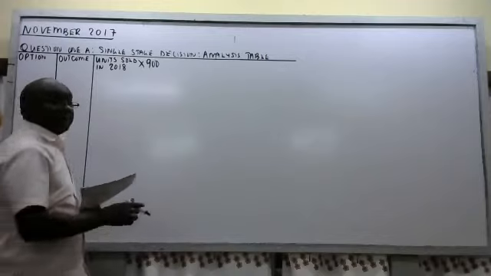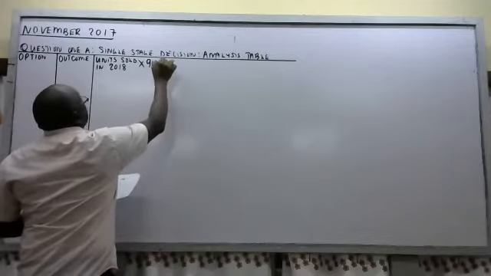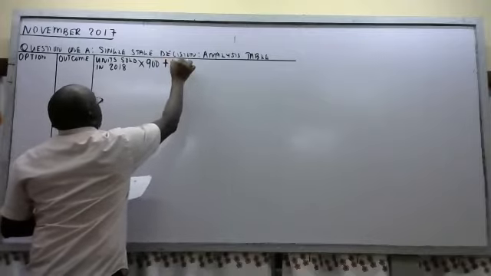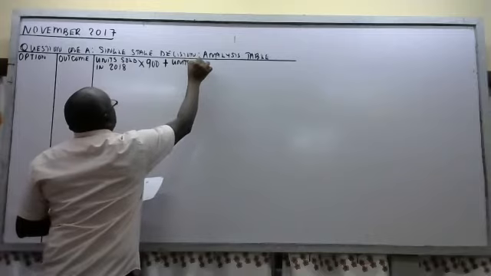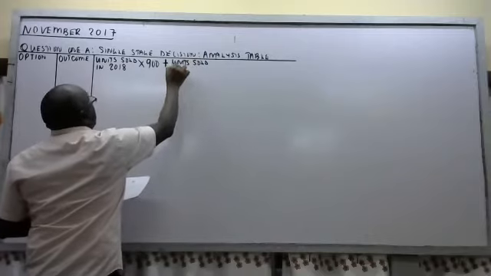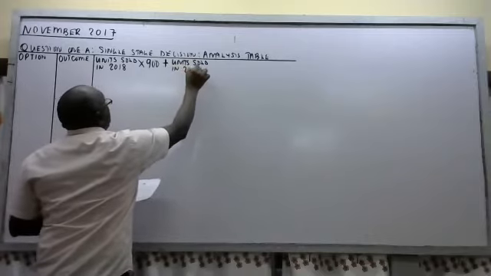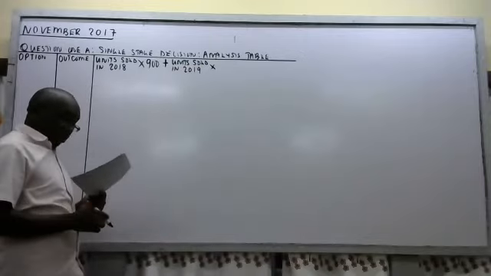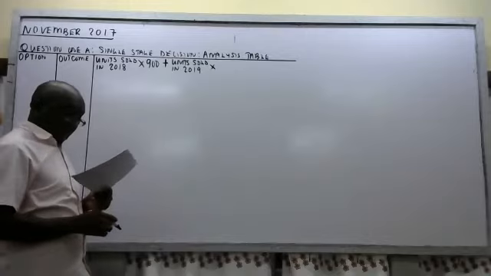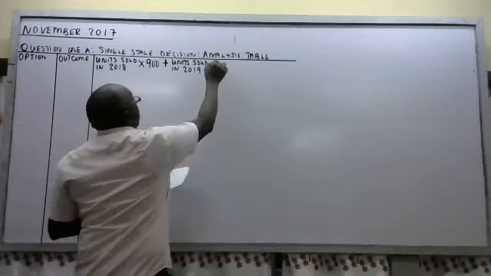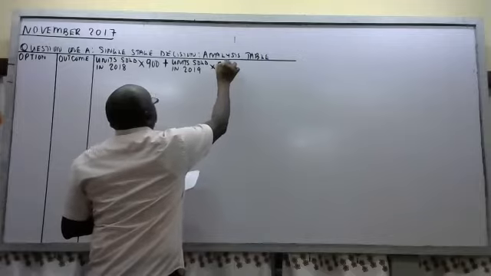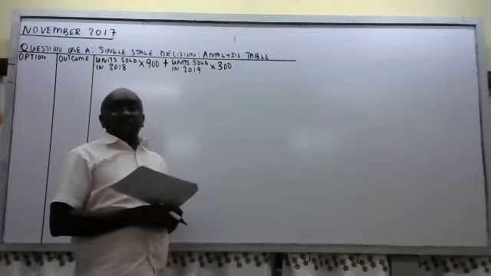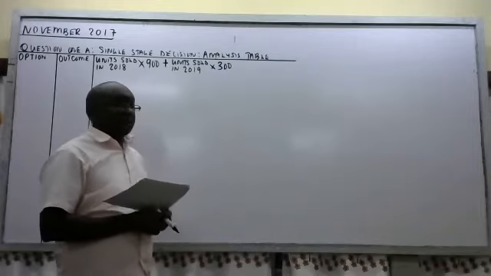Plus units sold in the following year, 2019. And according to information number 2, each will be sold for 300 shillings.